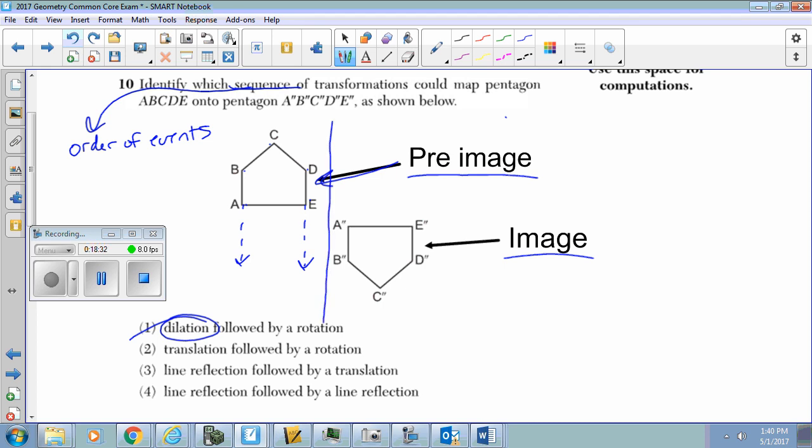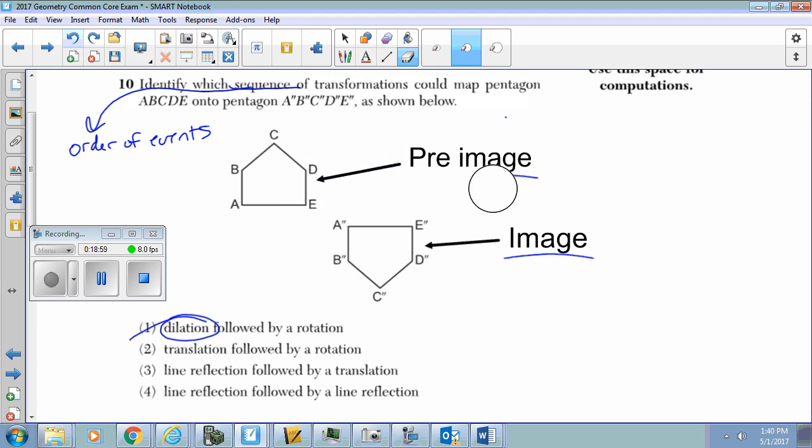Well, if it moved down and A moved here, and B moved here, and C moved here, if you were to then rotate it, the C is going to be in the wrong place, right? Because your C is going to end up here when it should be down here. So it's definitely not that. But maybe it got translated the other way and then reflected. So let's check that.